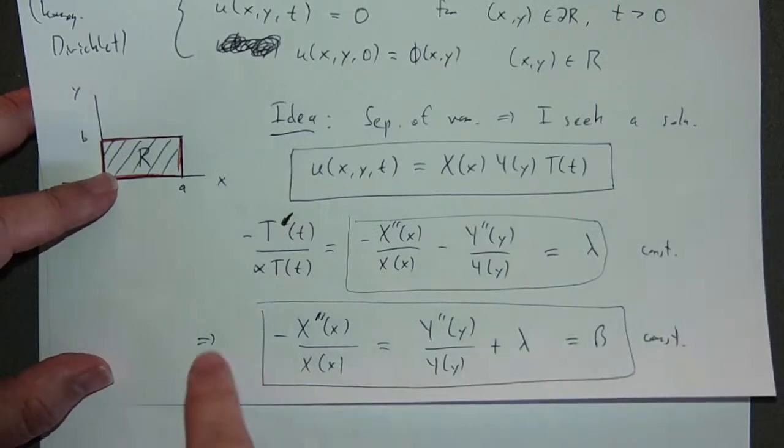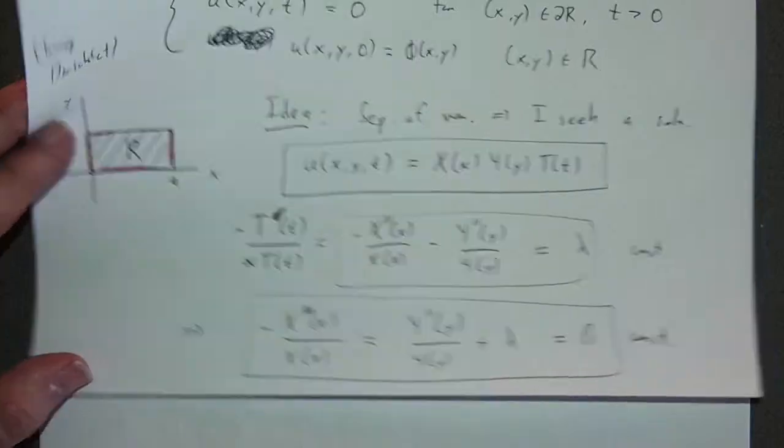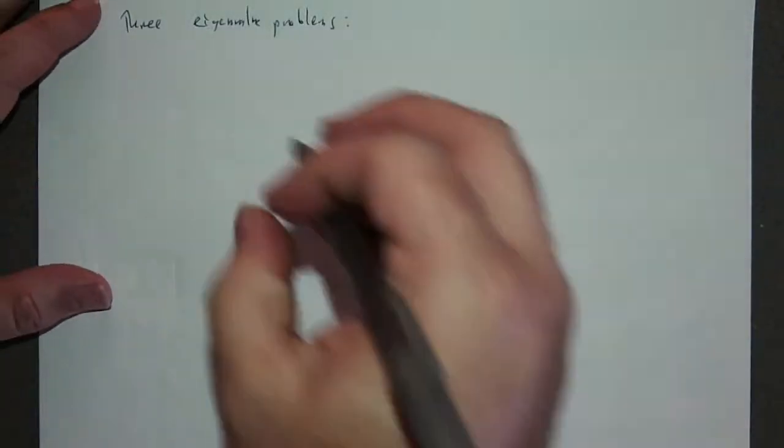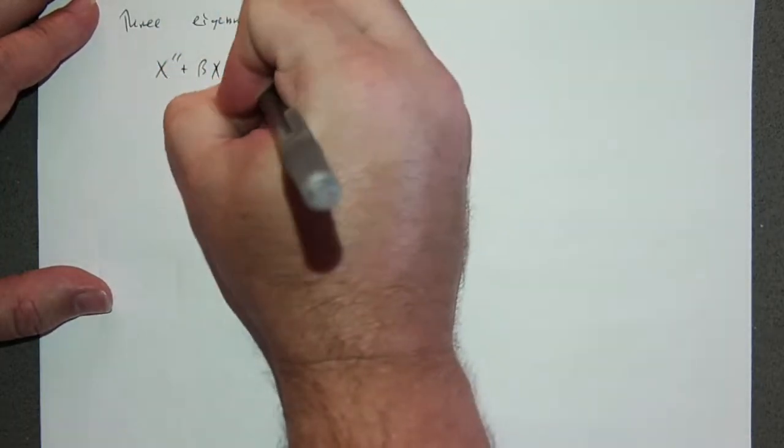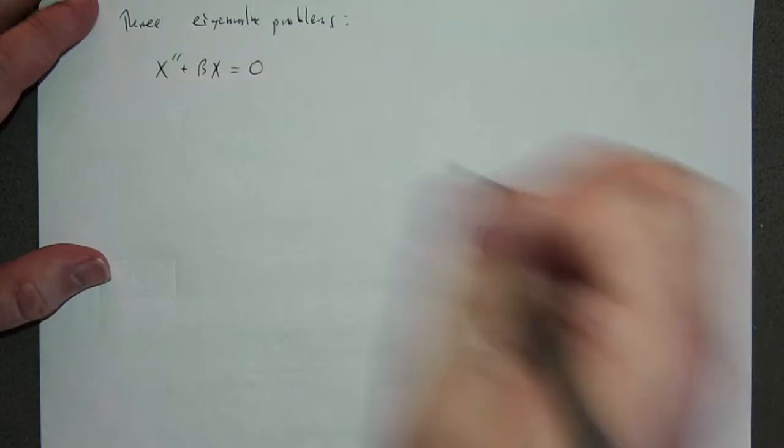So multiplying by X and adding this thing over, I get the first eigenvalue problem is X double prime plus beta X is equal to 0.